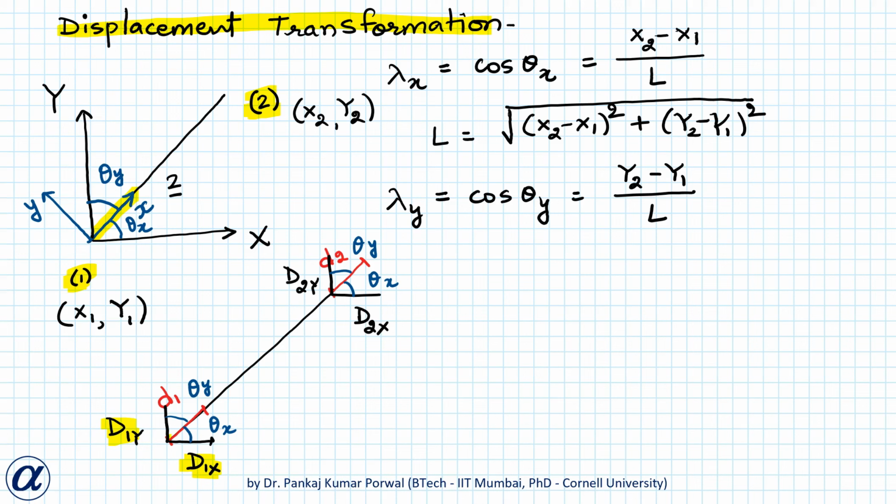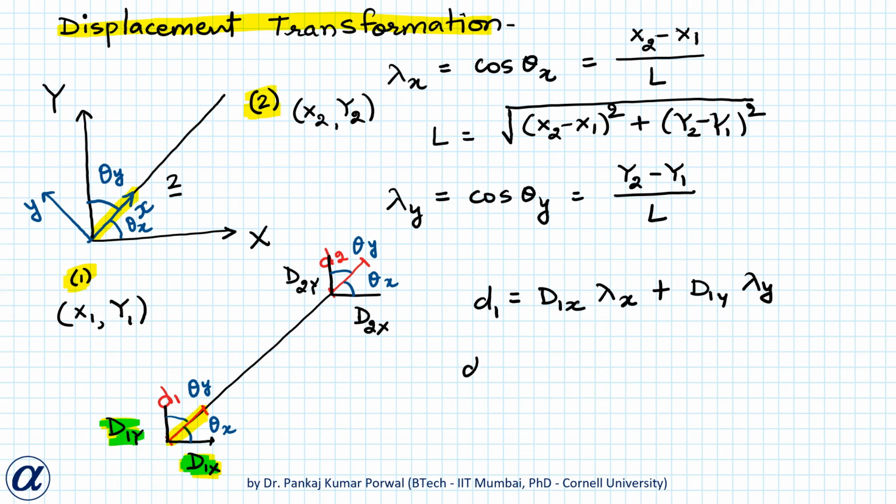So we can write small d1 in terms of capital D1x and capital D1y, and that will be small d1 equals the component of capital D1x along small d1, which will be D1x cos theta x, that I can write as lambda x, plus the component of capital D1y along small d1, that will be D1y cos theta y, that I can write as lambda y.